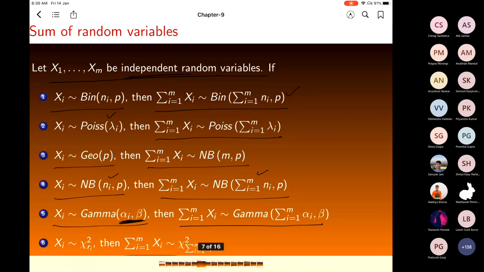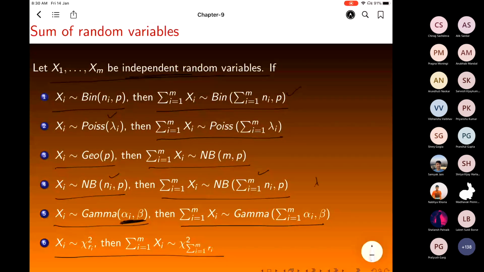We have taken lambda raised to power alpha over gamma alpha, e raised to power minus lambda x, x raised to power alpha minus 1. So alpha will be the same, and beta, as I remember, is 1 by lambda.